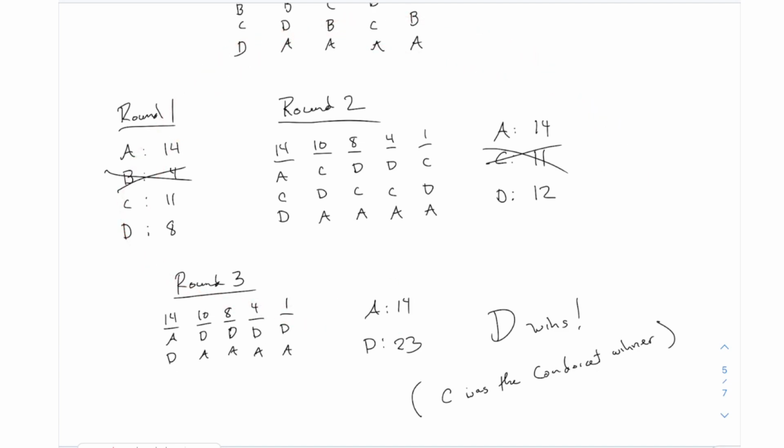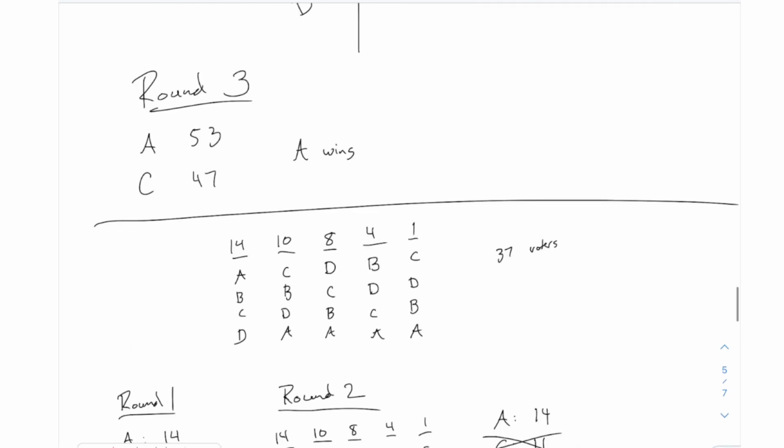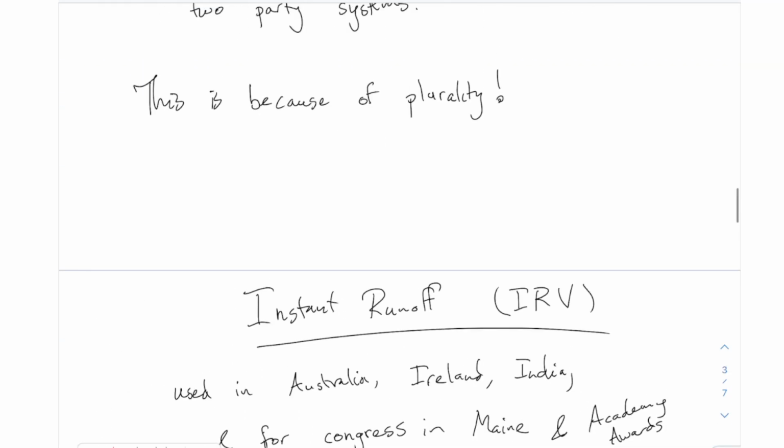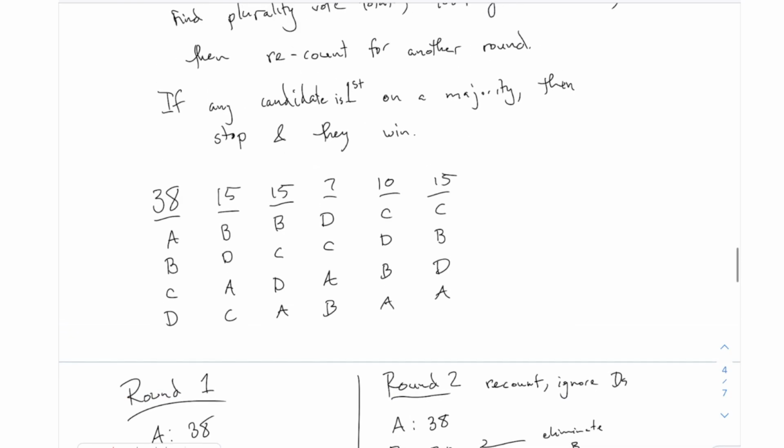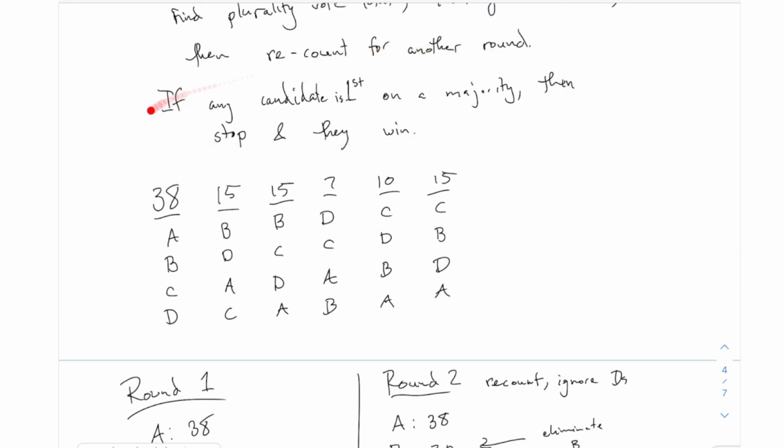In fact, I don't know if you were listening when I said it. There's a technicality rule in the instant runoff. I said you can stop early. If any candidate is first on a majority, then you can stop early and make them win. That's part of the rules: if anyone has a majority first place ranking, the rounds are over and that person wins.